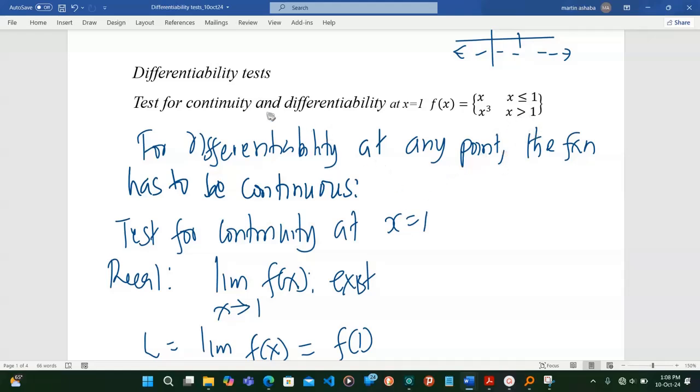So we take the two sides of x equal to 1, one where x is greater than 1 and one where x is less than 1. If we find that the two sides give us the same value of slope, then we shall say that the function is differentiable.